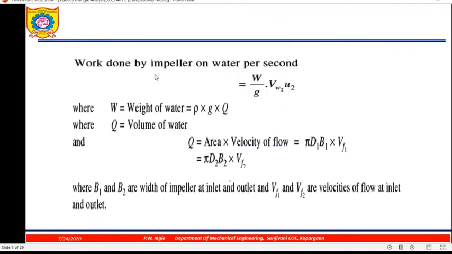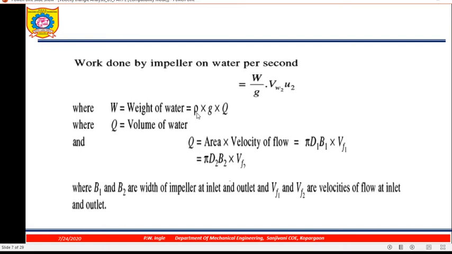Now the work done by the impeller on water per second is W by G VW2 U2, where W is the weight of water, that is rho G Q. So that is rho Q VW2 U2. We adjusted the equation. It is rho Q VW2 U2, because W is rho G into Q. Weight is M into G. What is M?